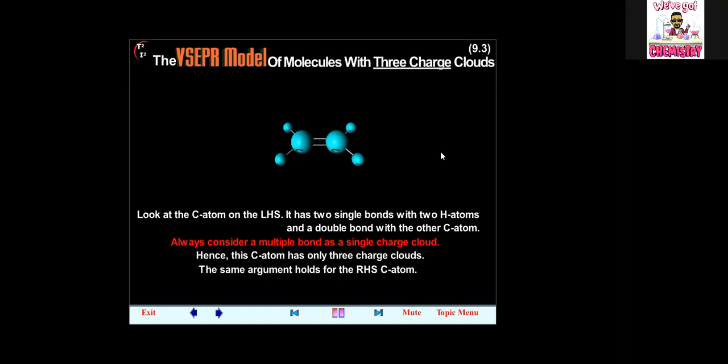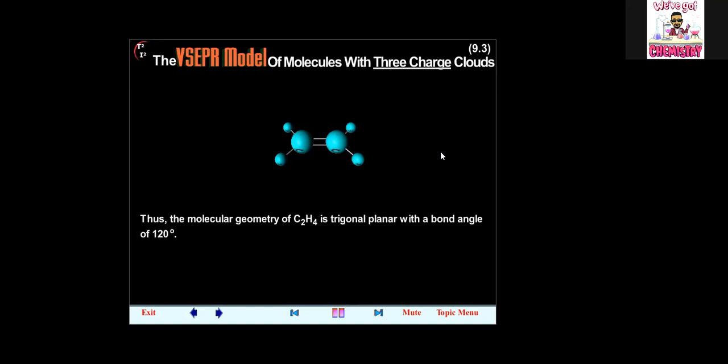The same argument holds for the right-hand side carbon atom. Thus, the molecular geometry of C2H4 is trigonal planar with a bond angle of 120 degrees. Another molecule having this geometry is SO3.